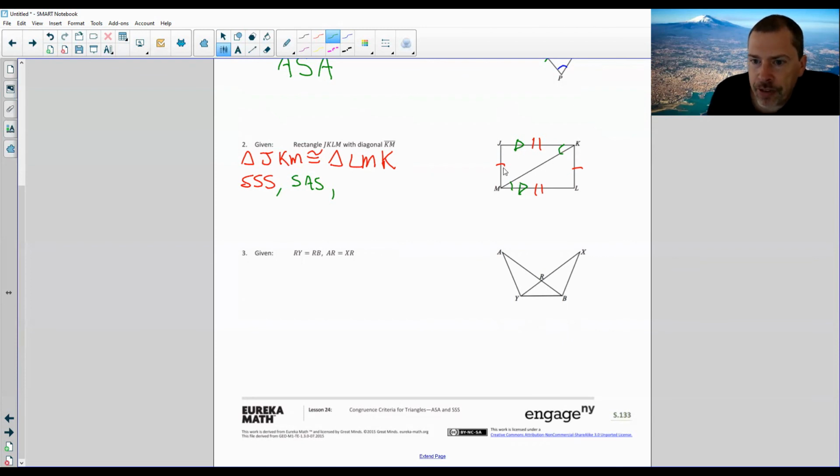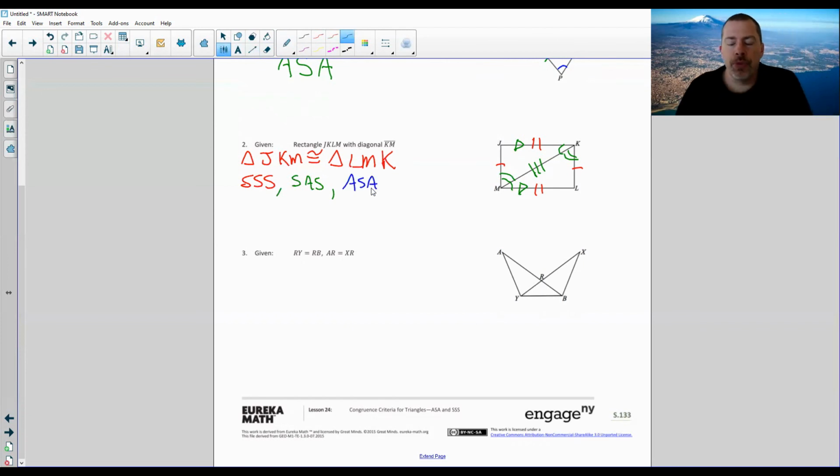Now I have one angle, and if I use the same reasoning over here, these are also alternate interior angles between 2 transversals with KL and JM. So now I have angle, reflexive side, angle. So that's ASA. Let me just change colors here for that. Those are the 3 ways we can prove those 2 triangles are congruent.